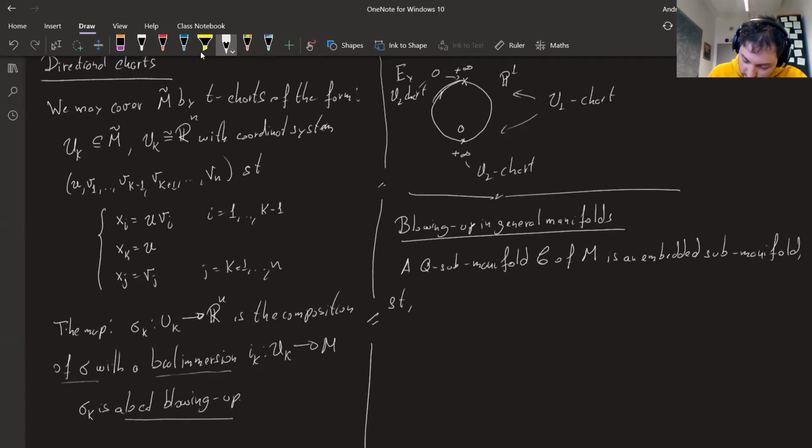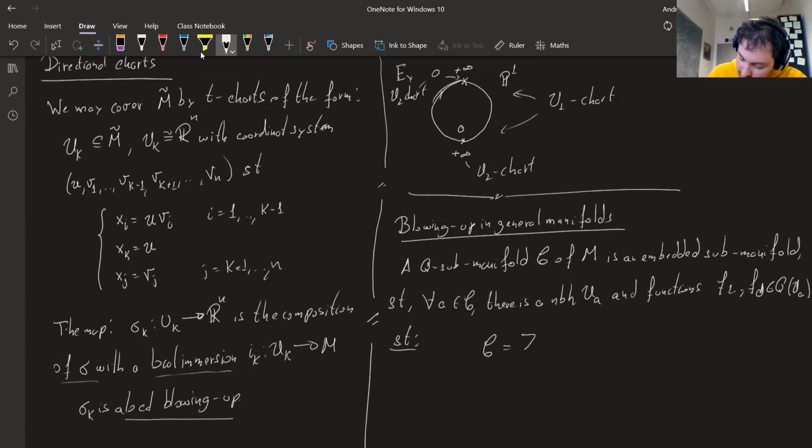such that for every a, there is a neighborhood U of a and functions F1, ..., Fd in C^q of U of a, such that C is the zero locus of these functions.